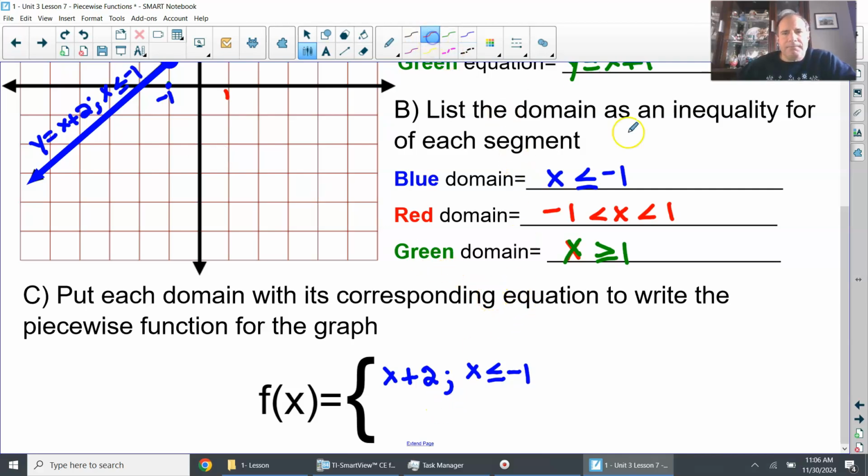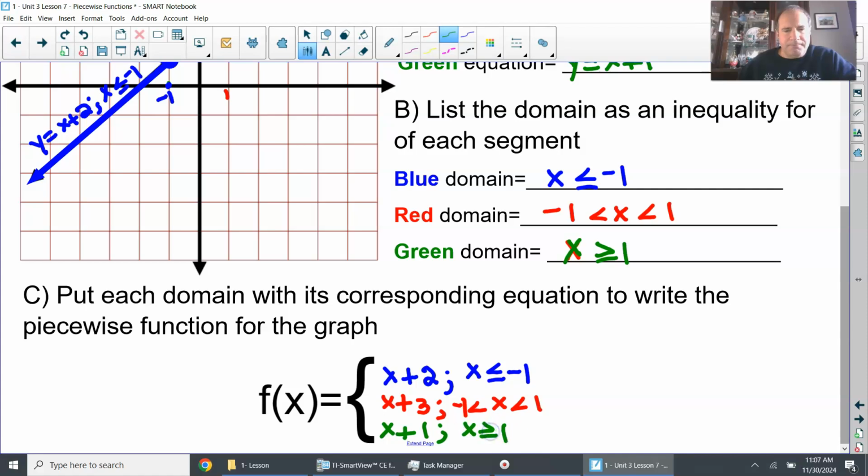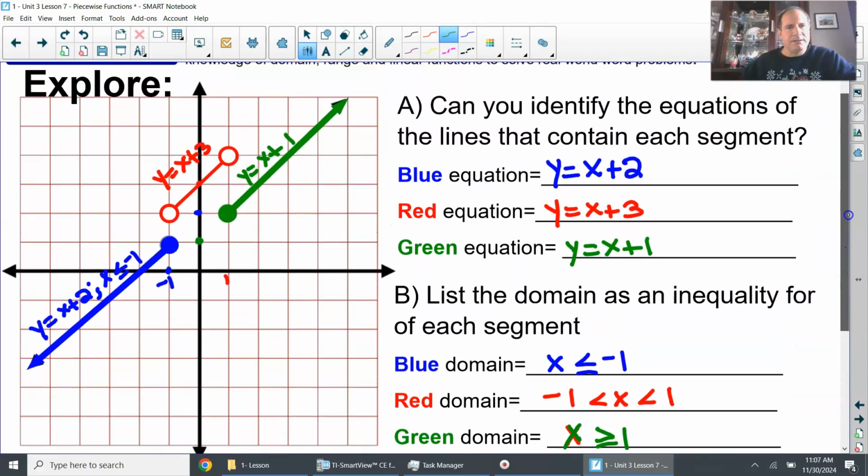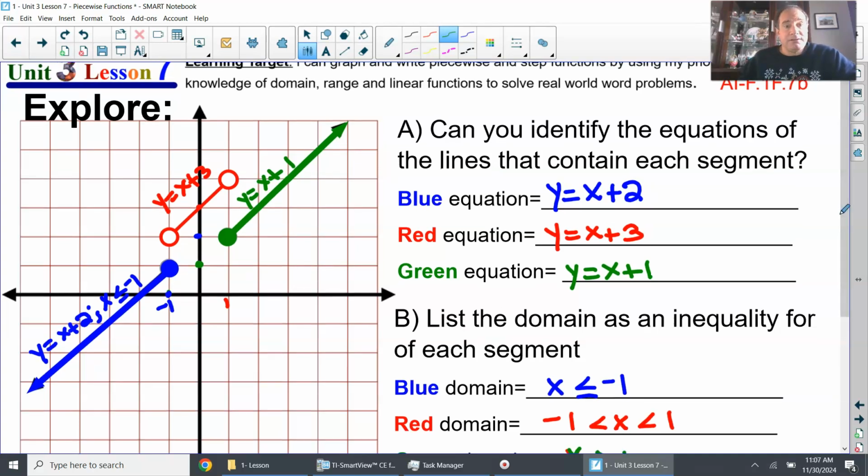And then in red, we have y equals x plus 3, semicolon, x is greater than -1, open circle, and less than 1, both open circles. And then in green, we have x plus 1, and x is greater than or equal to 1. And that's basically everything there. That's how you would identify the equation of the lines of each, and then figure out the domains.